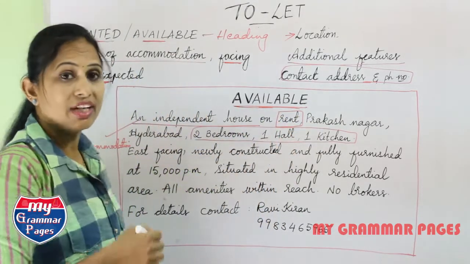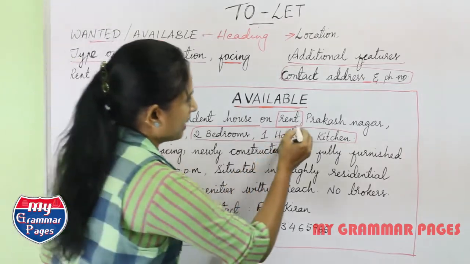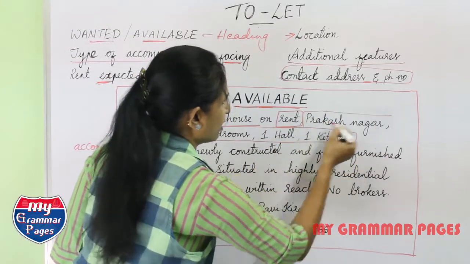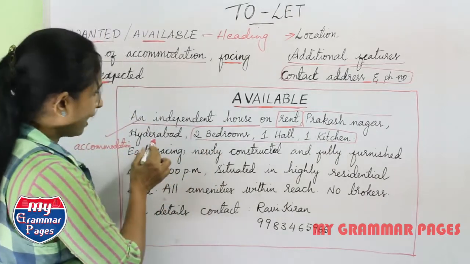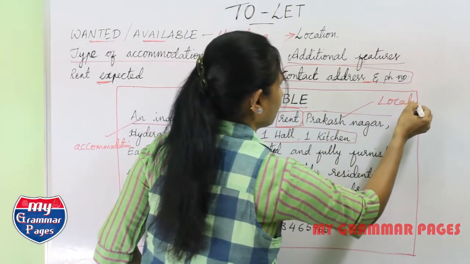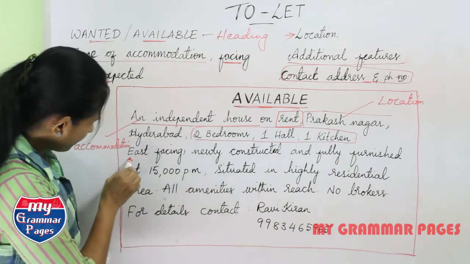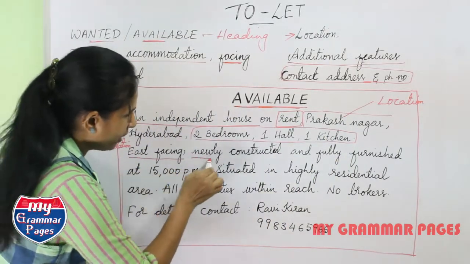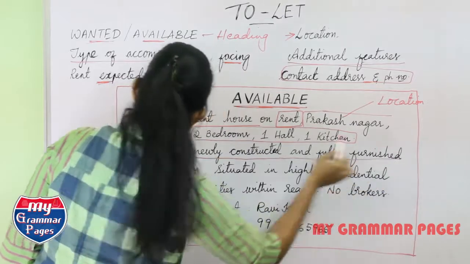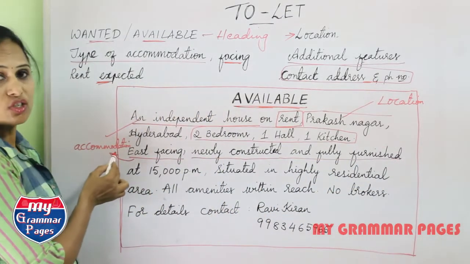Sometimes it can be lease or rent. You have to mention it very clearly. And here we have shared the location, that is Prakash Nagar, Hyderabad. This comes under the location. Let me go forward. This is east facing, newly constructed and fully furnished, and these also come under the features of accommodation.